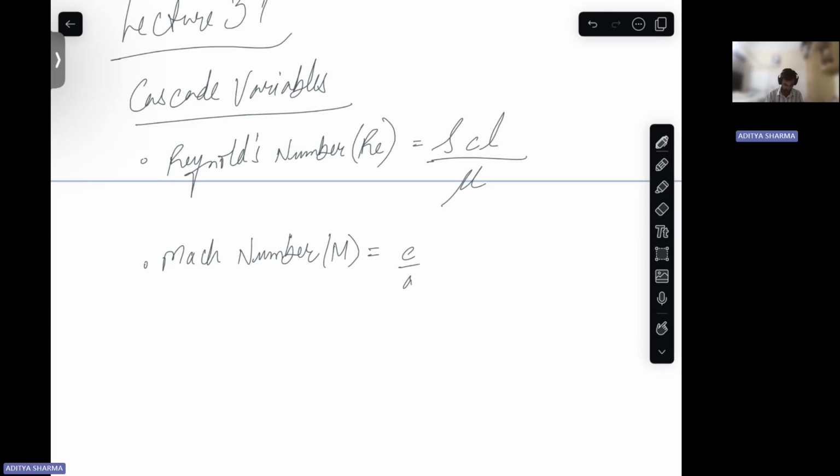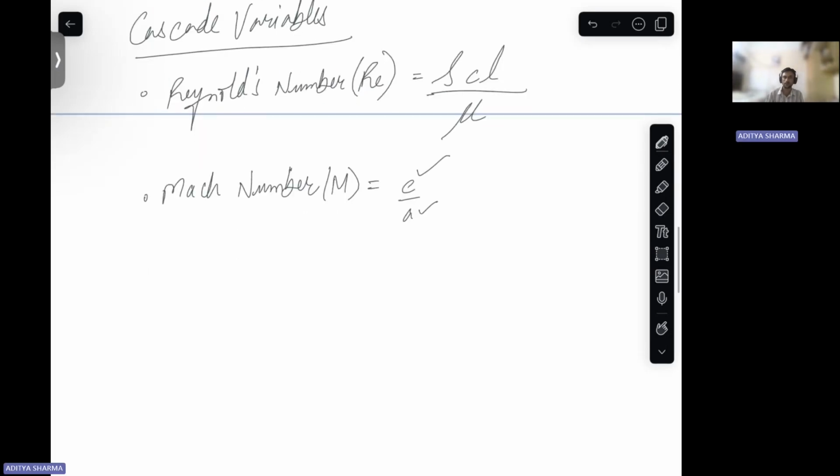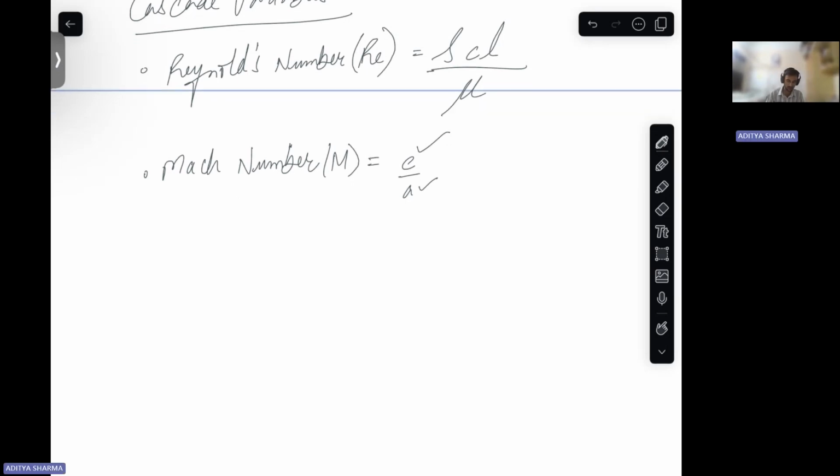Mach number is C by A, where C is the velocity of the flow, A is the speed of sound in the medium, or in the fluid, the flow of which we are studying.